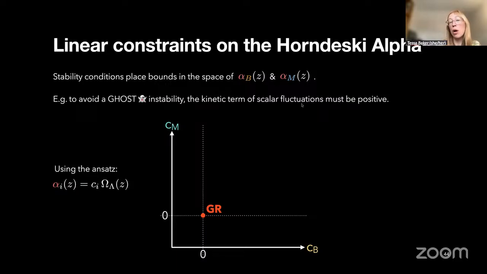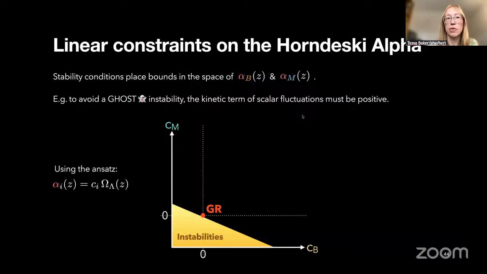Now, I was saying a moment ago, we have to avoid ghost instabilities, and there are certain conditions to do that. Generically, they will rule out the lower section of this plot. So what I'm doing here is making a sketch version of this plot, and then I want to show you the real data from a recent paper. On the sketch version, bottom corner ruled out by instability.